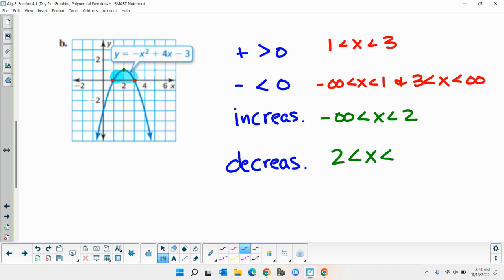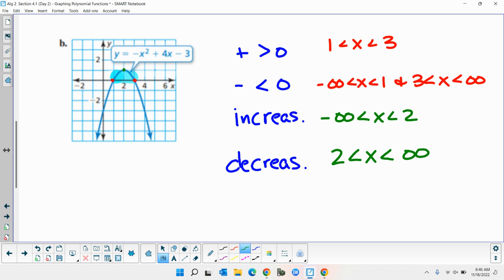Forever. Left to right, even though this arrow's pointing down, it's going up and then going down. Okay? So even though the arrows are pointing down, it doesn't mean it's decreasing all the time.